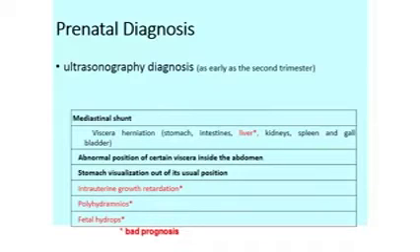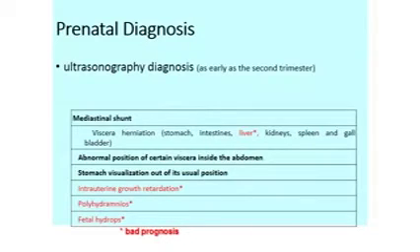The items in red are bad prognosis signs. That is when the liver is herniated into the chest, when there is intrauterine growth retardation, when there is significant polyhydramnios, and sometimes even there is fetal hydrops.